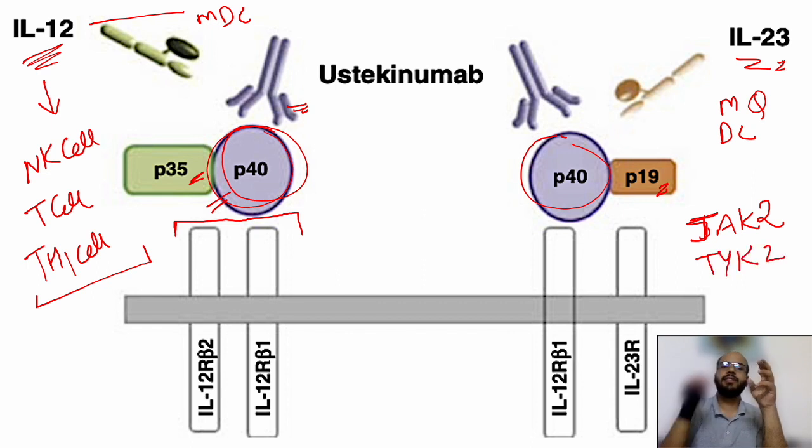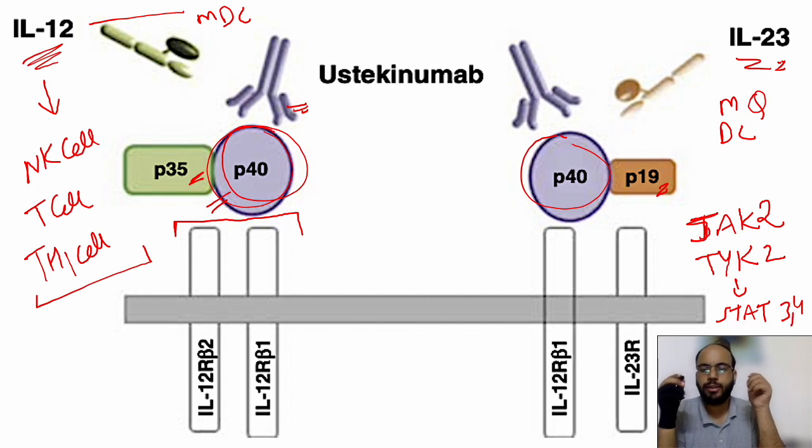Now remember that there are three types of JAK, 1, 2, 3, and the fourth is tyrosine kinase. So these are the JAK receptors, and we'll be discussing in the future apremilast. Now this JAK further activates the STAT group of proteins, and STAT 3 and 4 are implicated for interleukin 23. This STAT 3 and 4 will further lead to translation of inflammatory molecules and increase the inflammation in psoriasis.